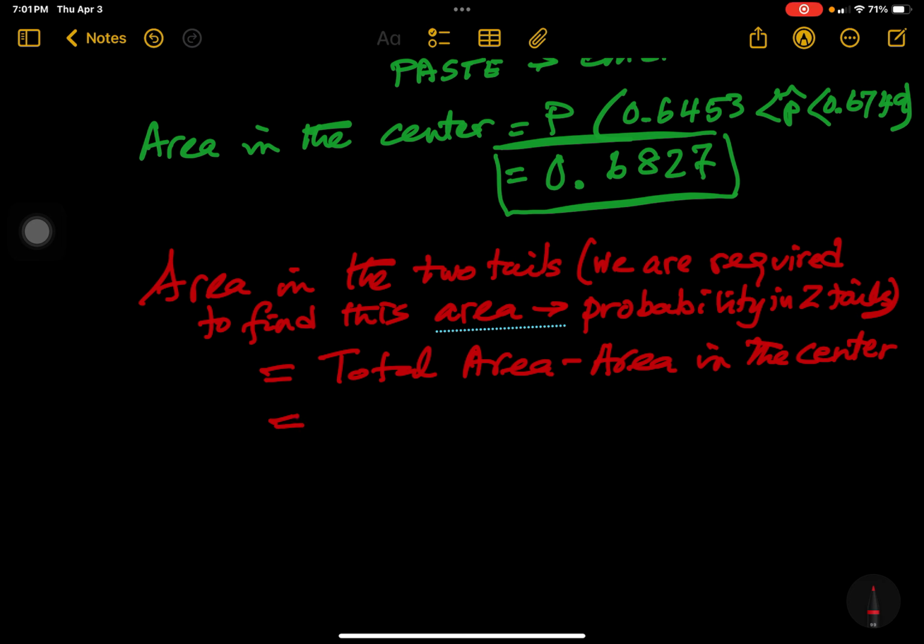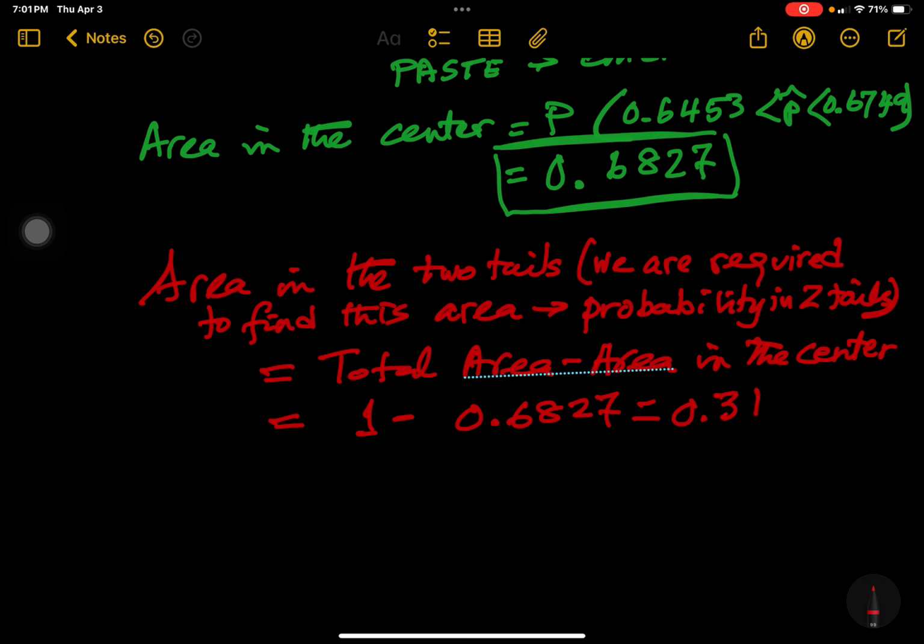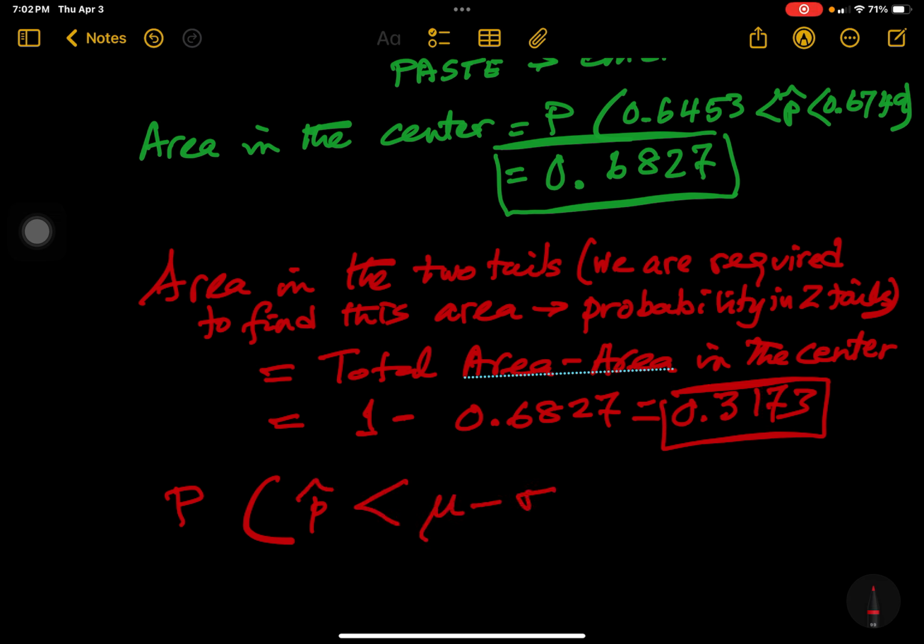So the total area we know is 1, minus the area in the center, 0.6827. So that is equal to 1 minus 0.6827, which is 0.3173. This is the answer to the question: what is the probability that p hat is less than mu p hat minus sigma p hat, or p hat is greater than mu p hat plus sigma p hat?